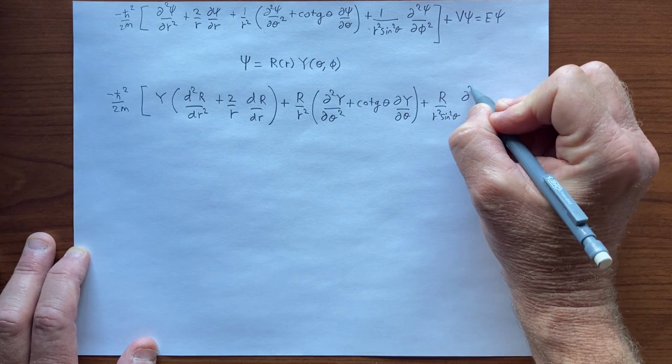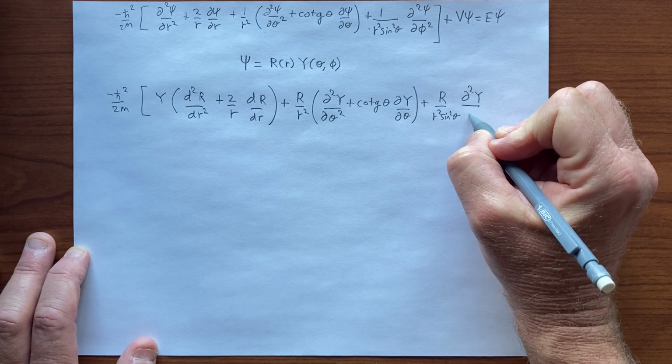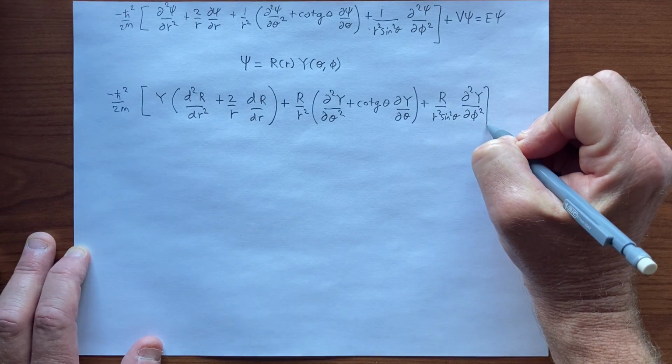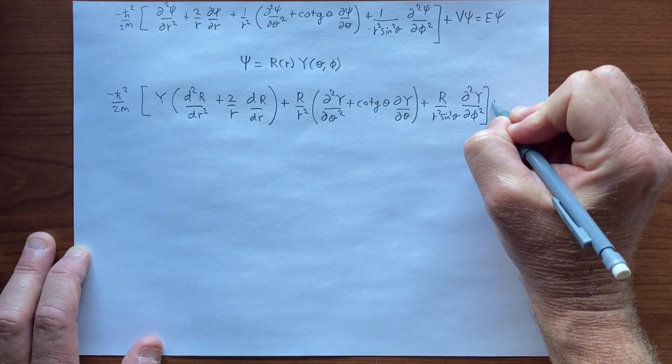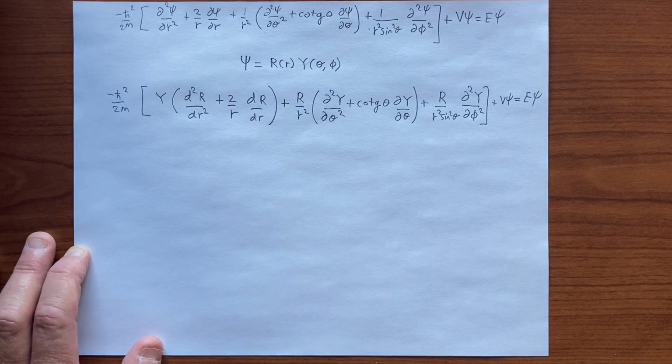Two derivatives of the y function, so we pulled out the r function, in phi plus V psi equals E psi.